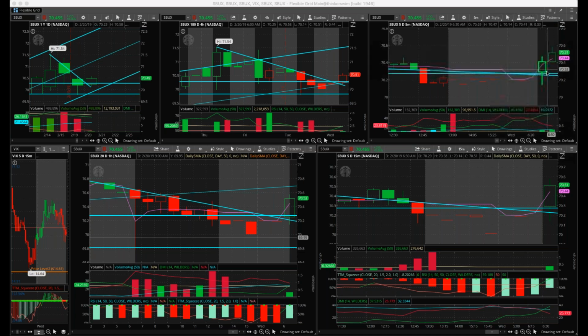So now I know that that's good support. So I want this candle to stay above that support. And then I'll enter. And that will be my stop loss. And I believe we're going to 71.